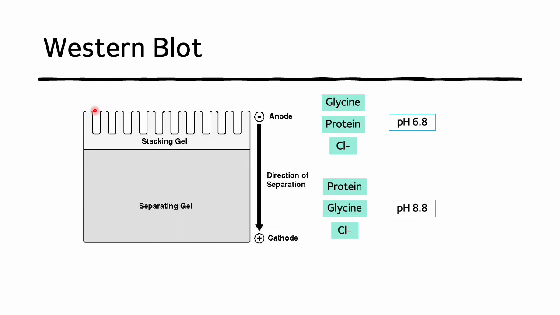When we load the protein mixture samples here, according to our theory, they're going to run at different speeds according to their size, and that's how we separate this protein mixture. But to do that, you have to start them running in the same line.